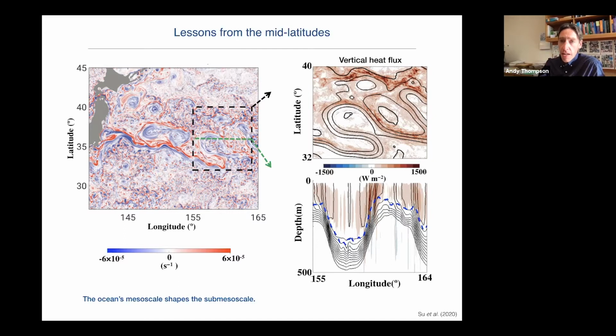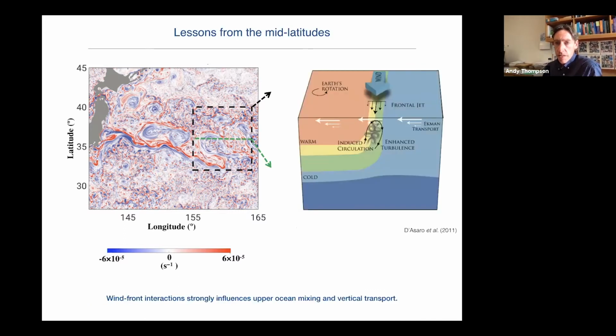The other thing that I just briefly mentioned to Jamie, the other thing that we learned in these regions of strong fronts and strong geostrophic jets, is that there can be important wind-front interactions.